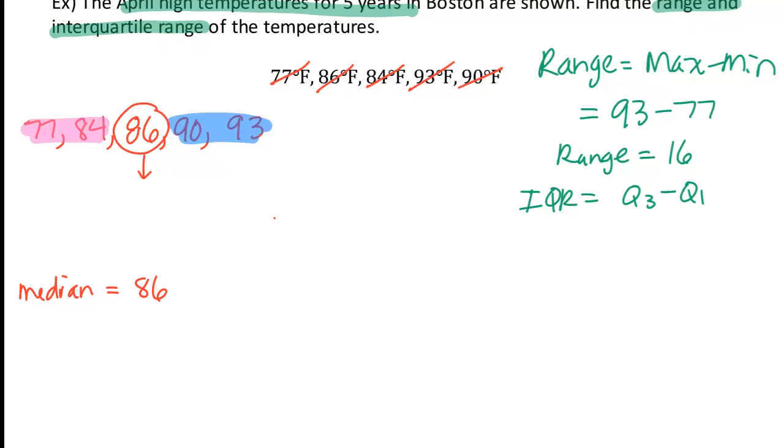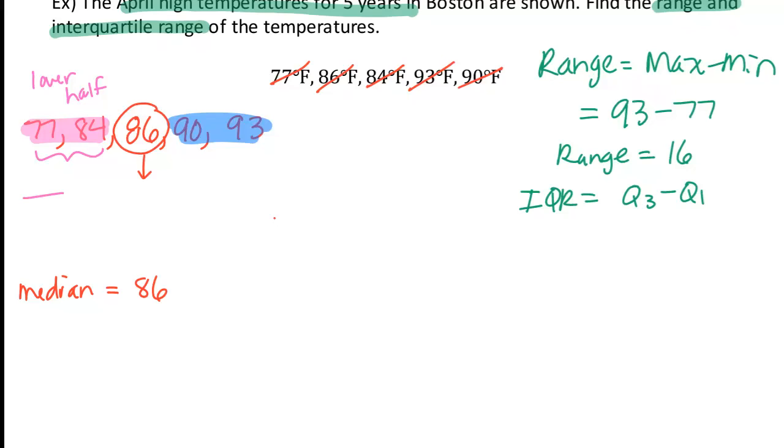And then I need to take the middle of the lower half. But notice, I don't really have a middle value. I have 2. So, Nick, what do we do when we have 2 of them? Divide. By what? 2. Okay, but we have to add them first and then divide, right? So what is 77 plus 84?